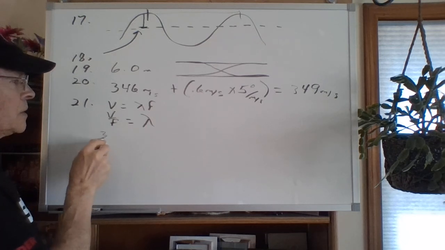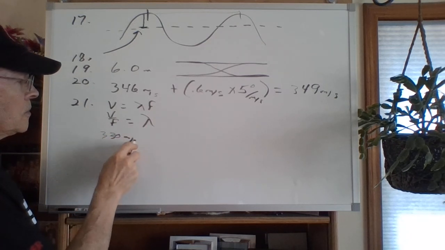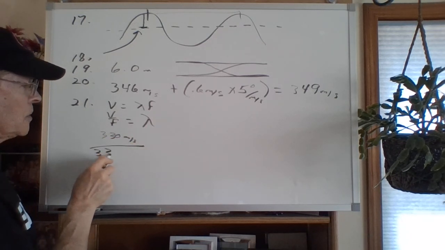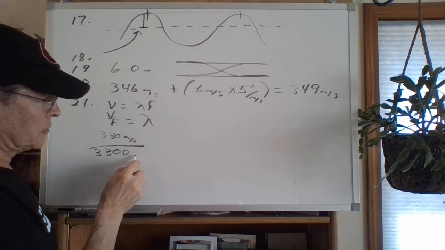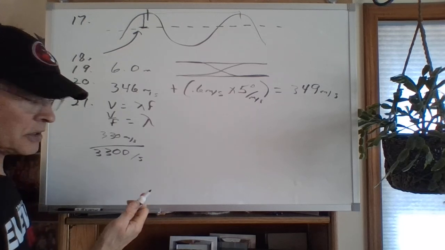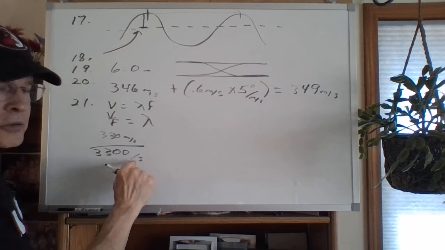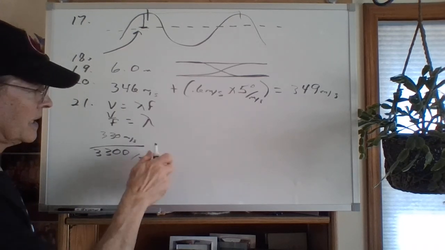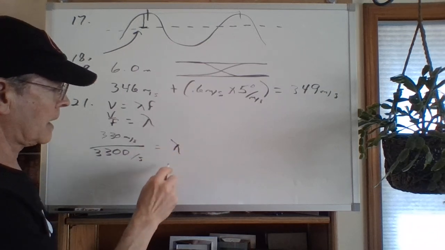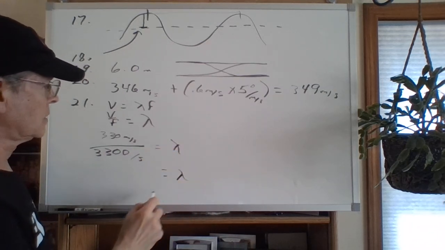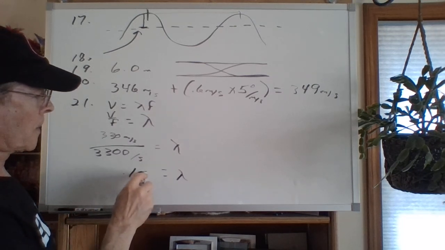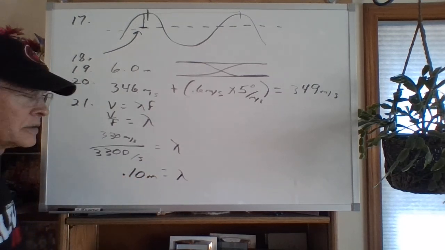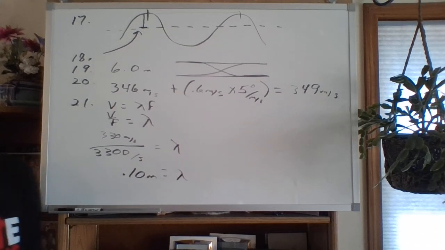So the velocity 330 divided by 3,300 per second. If you want to see the unit labels cancel, you could also write that as hertz. It's the same. And the wavelength we see is 0.1 meters. The unit reciprocal seconds then cancels.